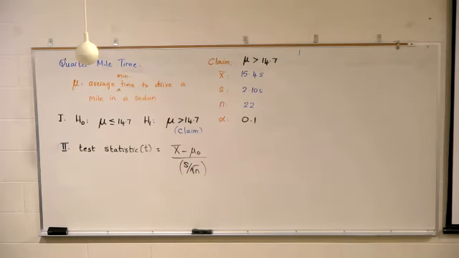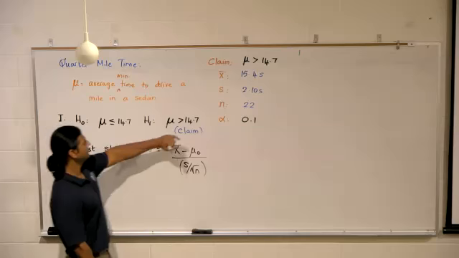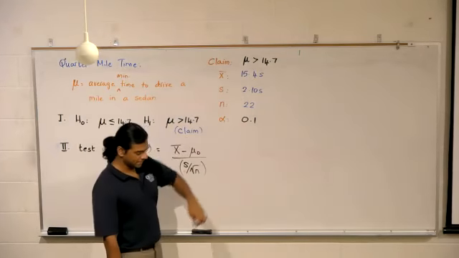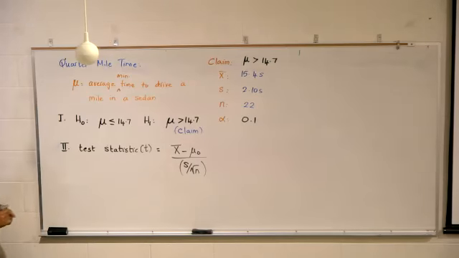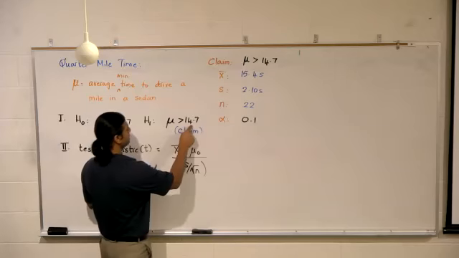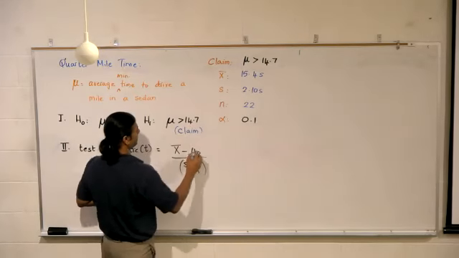Do we know the mean? Yes, sample mean, yes. We know the sample size because that information came from those 22 sedans. We know the sample standard deviation. Also, do we know the value of mu naught? Yes, and that value is 14.7.